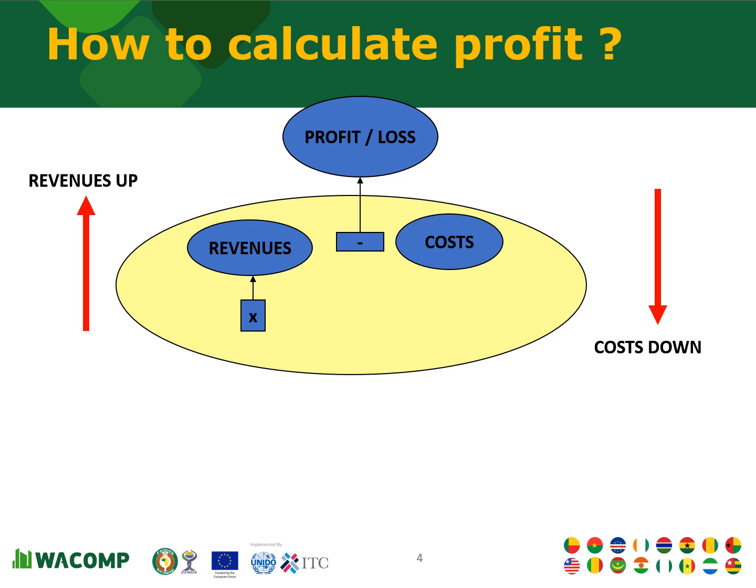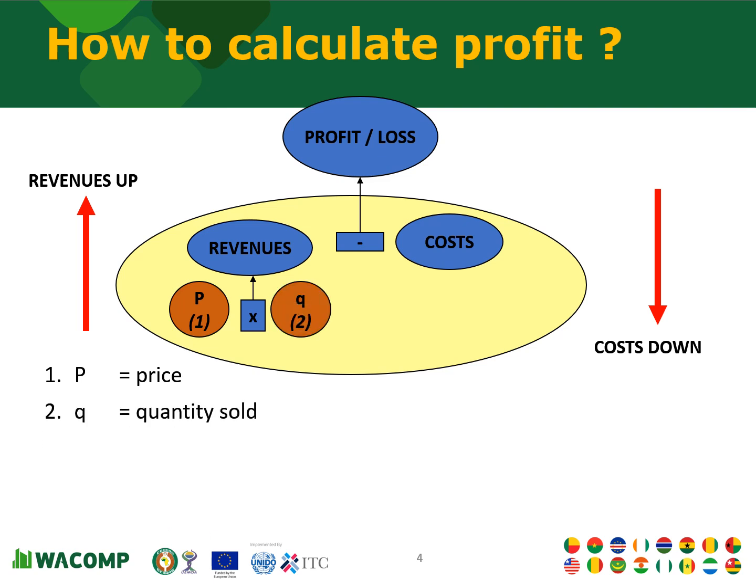Please think for a second. It is price, yes. Price is the first profit parameter, and it is multiplied by Q, the quantity sold. It's Q with a small q. Capital Q is reserved for the term quality.